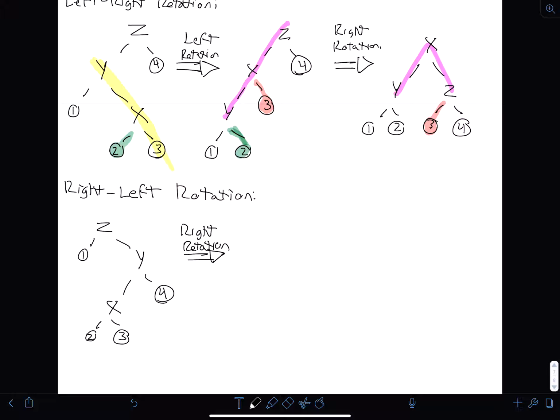And so that is going to become Z. Basically the grandchildren out and the parent rotate. I'm doing my best to try to make it neat.